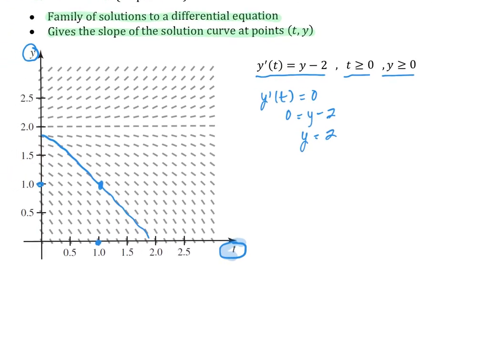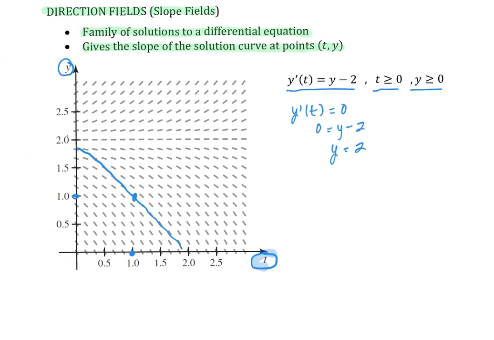Look back at this graph. Look at where y is equal to 2. It doesn't matter what the t values are, no matter what t value we choose, as long as y is equal to 2, the solution is a horizontal line all the way across the graph. So whenever that happens, it's what we call an equilibrium solution.